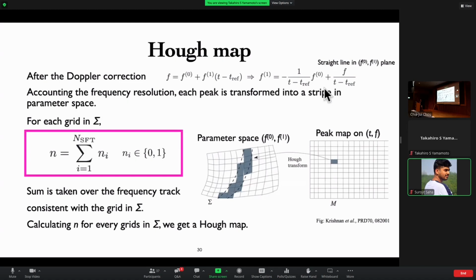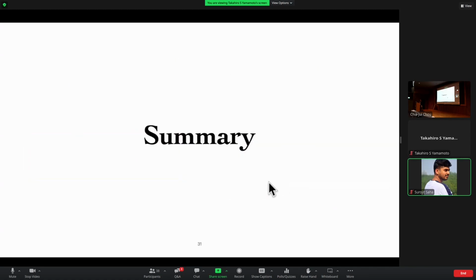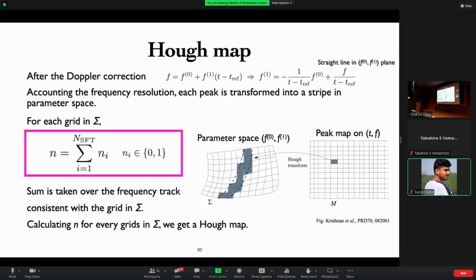And again, this must be a straight line in the F0 and F1 plane. Using this relation, we count the number of peaks consistent with each grid point in the parameters. So in the hands-on session, we will carry out the F statistic search and the search by this Hough transform.